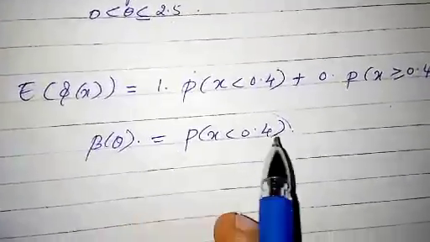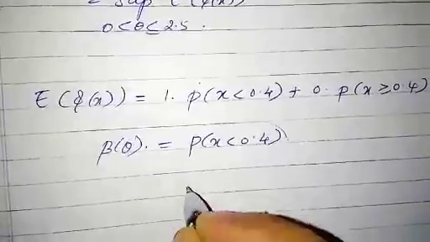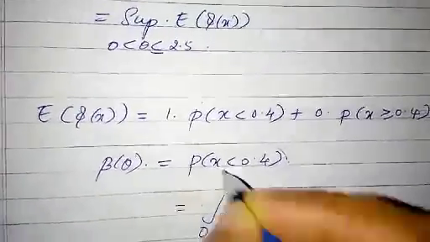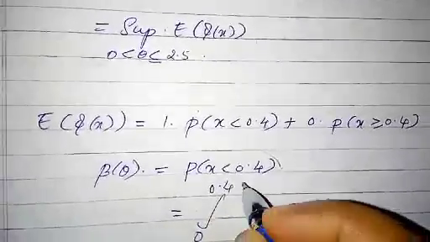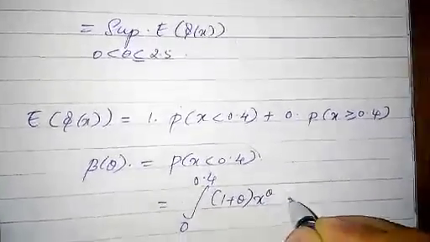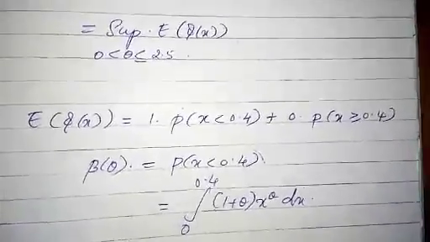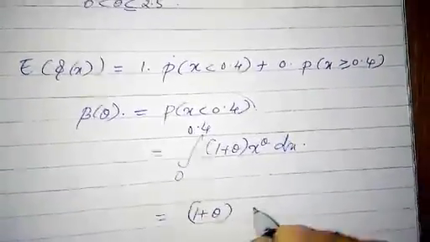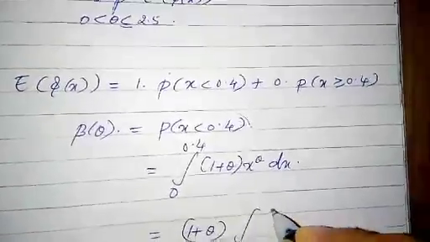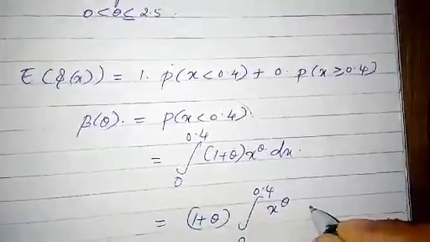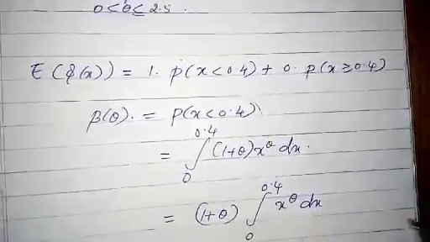So what is the beta of theta value here? Beta of theta equals the integral from 0 to 0.4 of (1 plus theta) x to the power theta dx. We can take 1 plus theta outside: (1 plus theta) times the integral from 0 to 0.4 of x to the power theta dx.